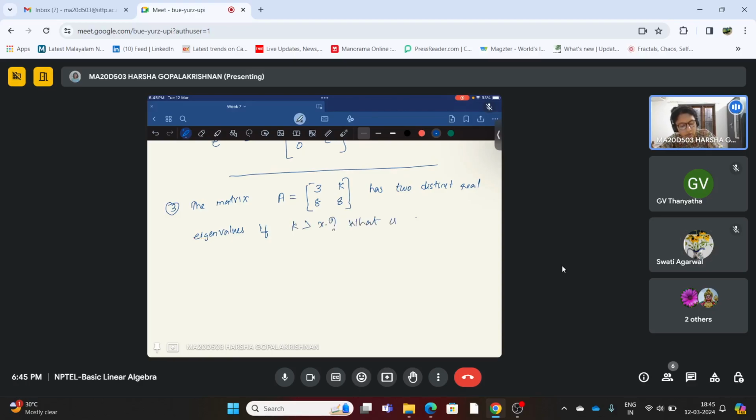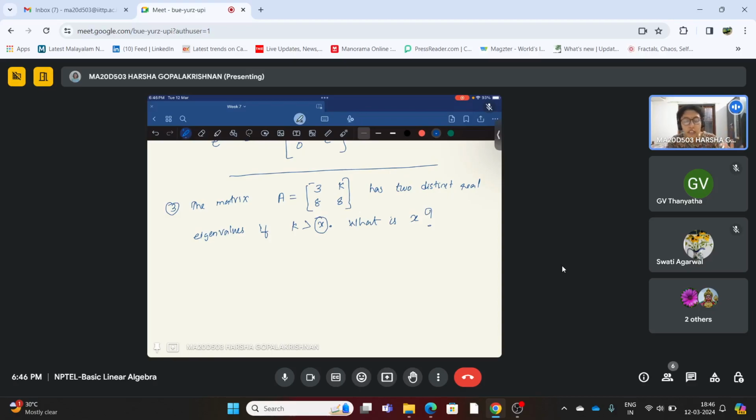I want all the possible values. For some real number x, if K is greater than that real number, it has two distinct real eigenvalues. So what is that lower bound such that for that K, the matrix has distinct real eigenvalues?